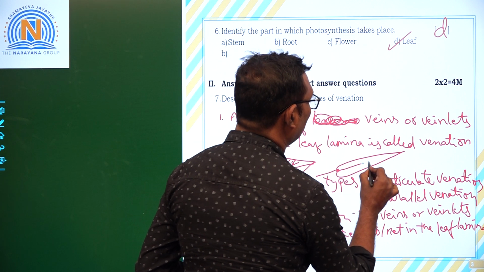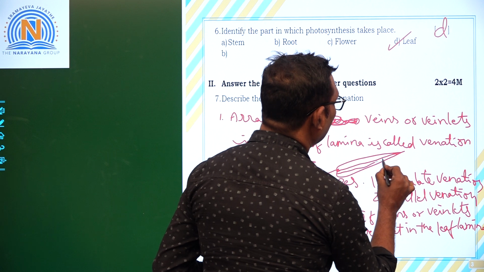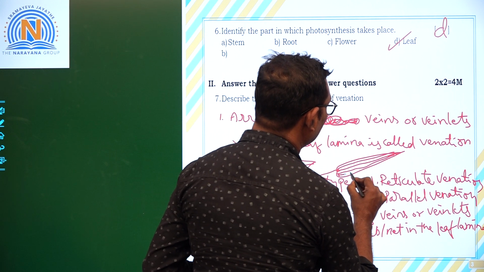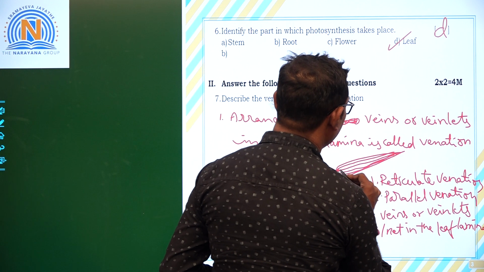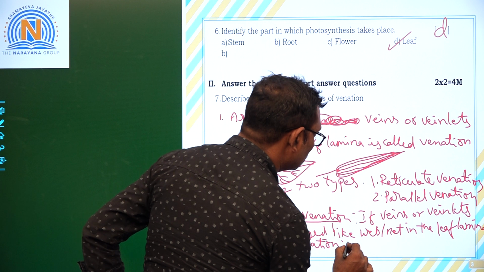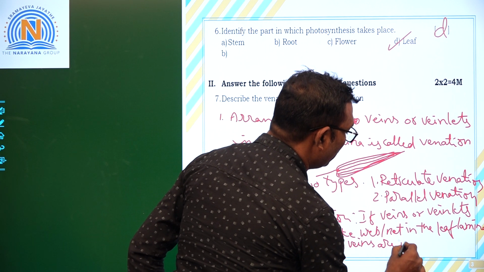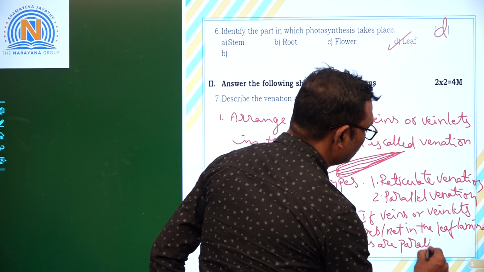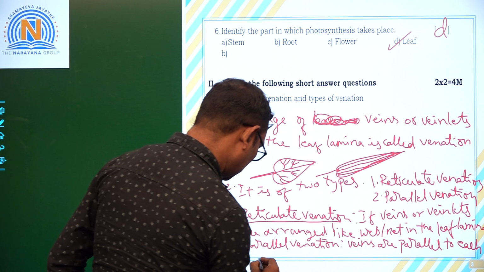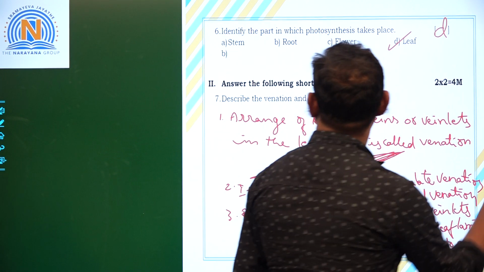This middle one is midrib, and the veinlets are parallel to each other throughout the entire space of the lamina. So veins are parallel to each other.